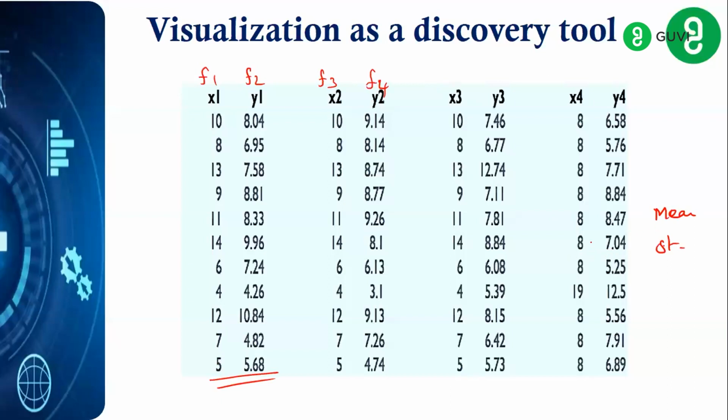But in some situations, for this scenario, the mean value for x1, y1, and all such categories is the same. For all categories it is the same. Similarly, the standard deviation is also the same. There is a possibility, right? In real time, you could face this kind of scenario. In that situation, performing the statistical approach is not sufficient to get the information about this kind of raw data. Yes or no?